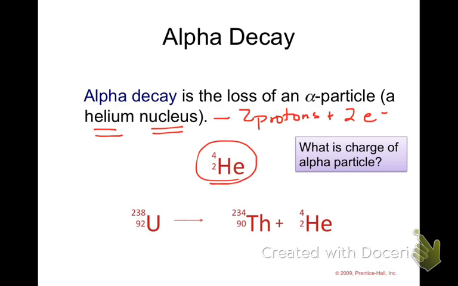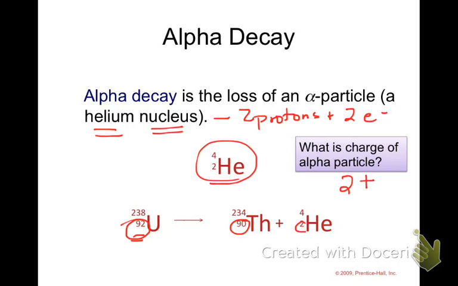Notice that this is the way the alpha particle is drawn. There is no charge on it, even though the charge of an alpha particle is a +2. Okay, 2 plus. If you notice in this reaction that there is some type of conservation. On my reactant side, my atomic number for uranium is 92.